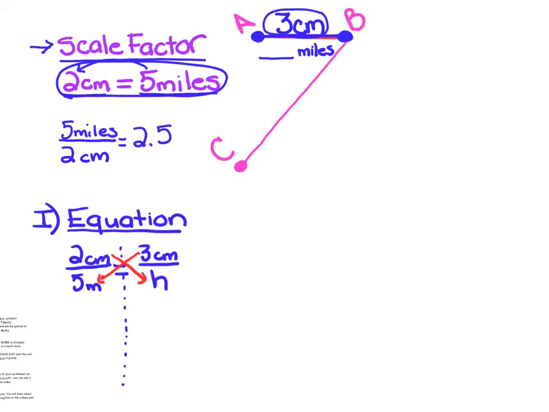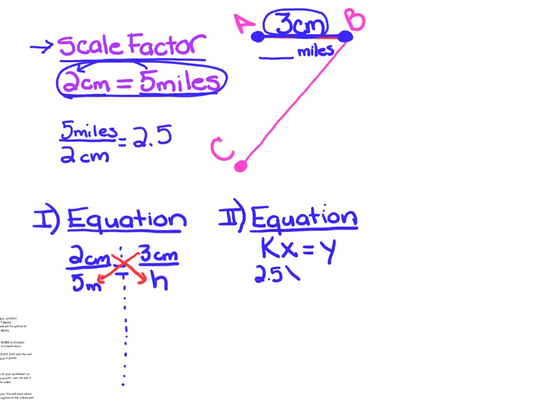Let's take a look at another technique. Since a scale drawing is a proportional relationship, it's proportional to the real world, we can write an equation like this. K times X equals Y, where K is our rate, 2.5 times every centimeter X equals Y, the amount of miles.